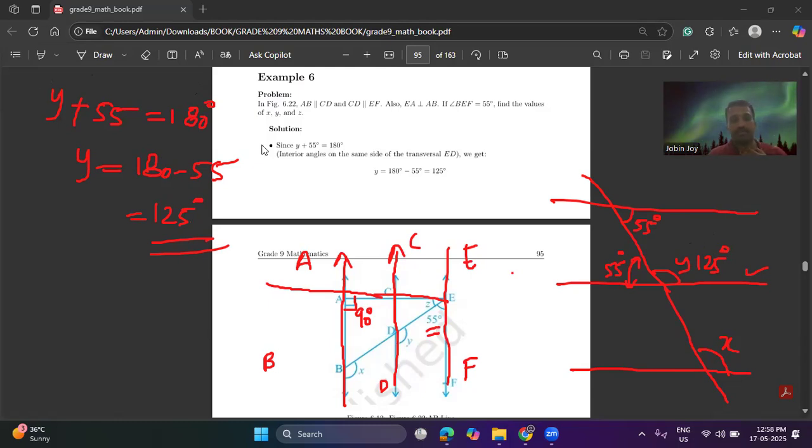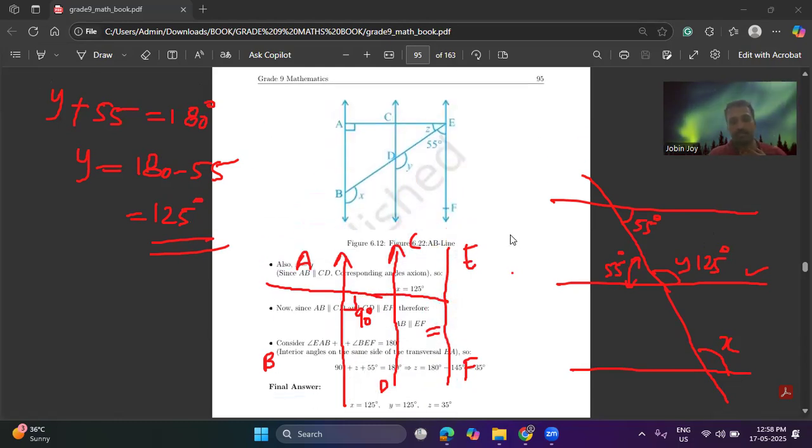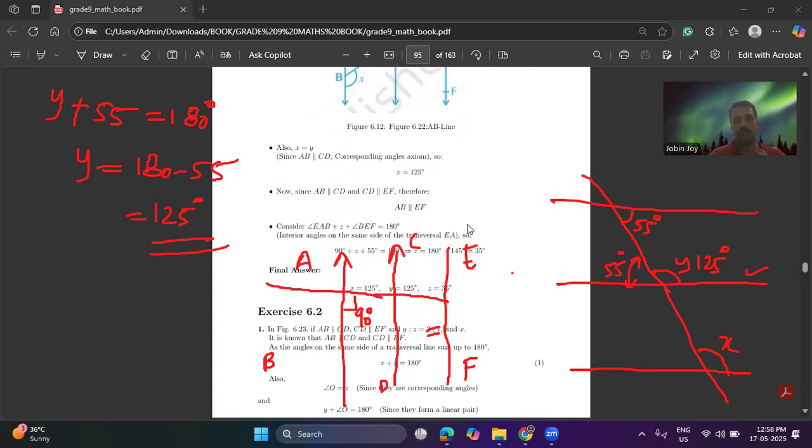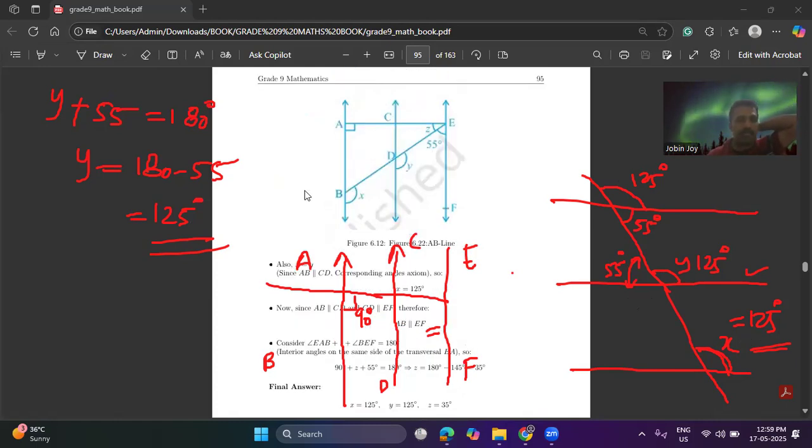Next, we already studied that if this is equal to 125, then this will be equal to 125, and this also will be equal to 125. So the value of x is equal to 125 degrees. Then next is z.